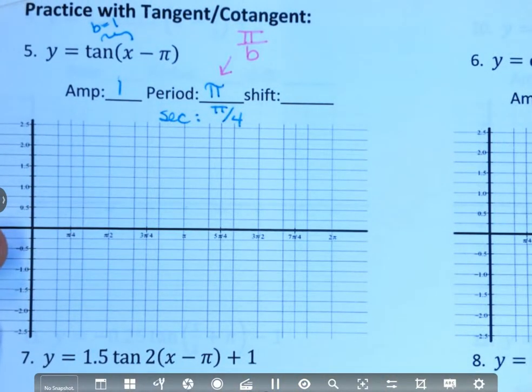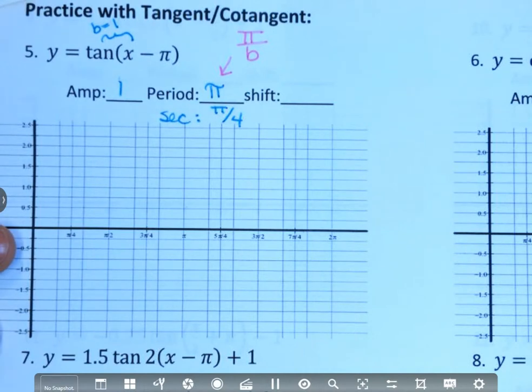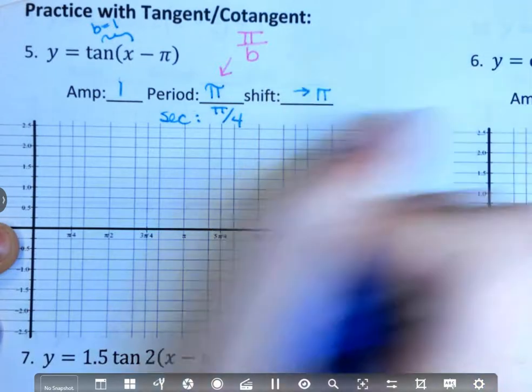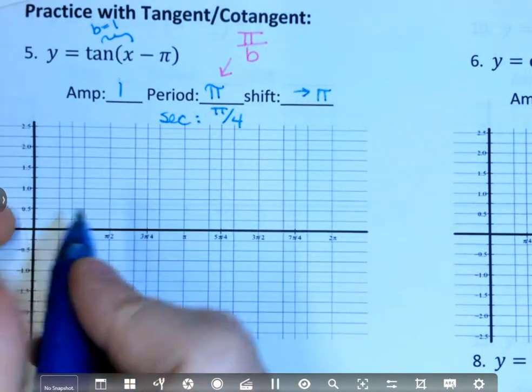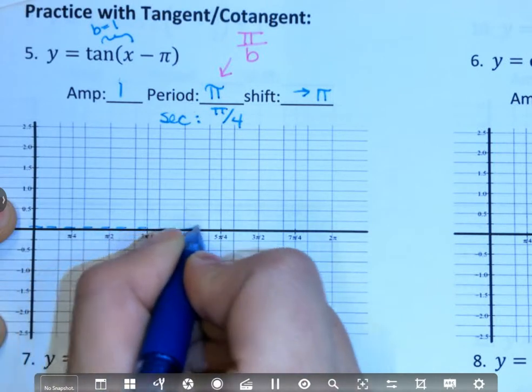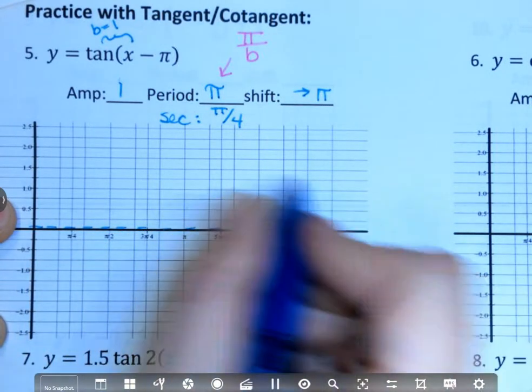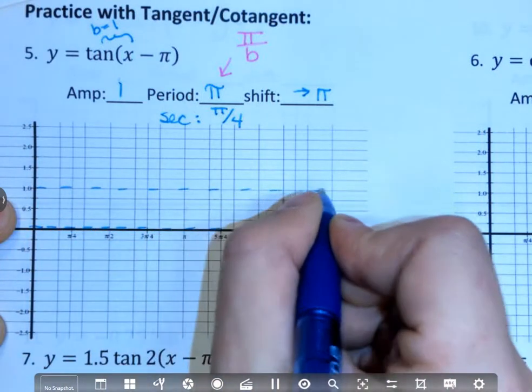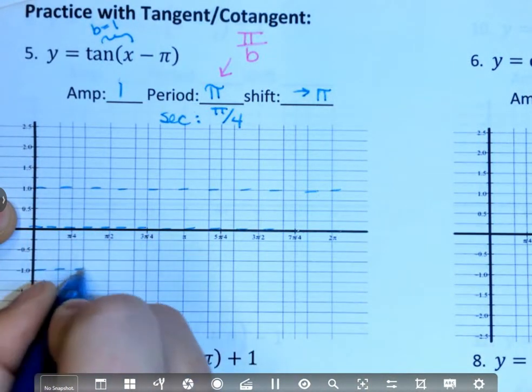Do I have any shifts? To the right, to the right. I'm going to put what I think are the easy lines first. I'm going to do my middle line. I'm going to go up 1. I'm going to go down 1.